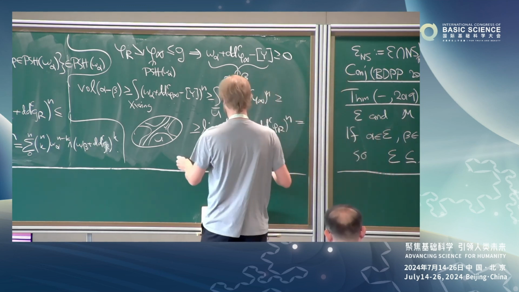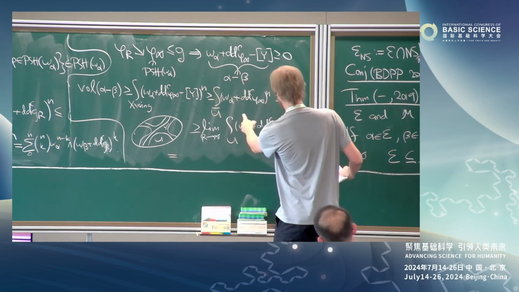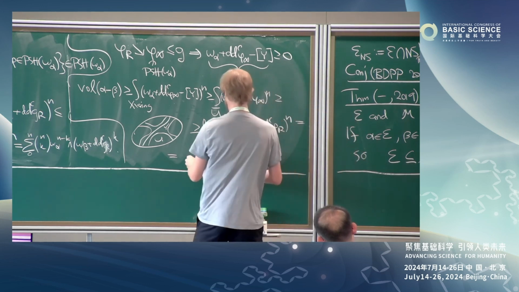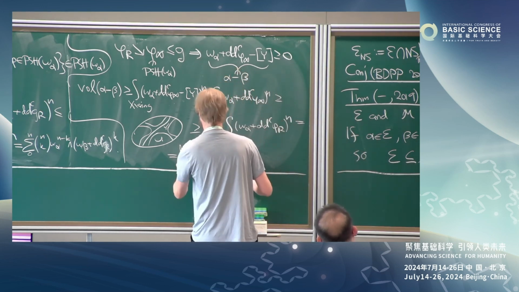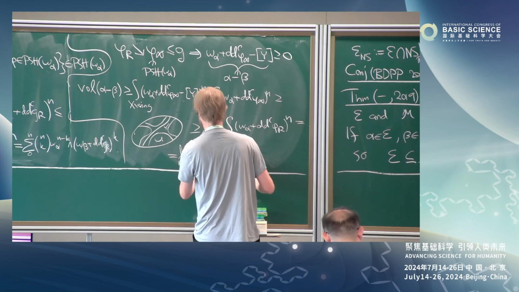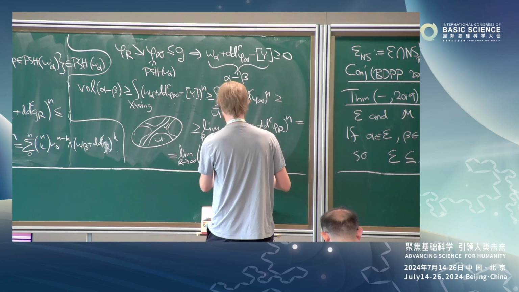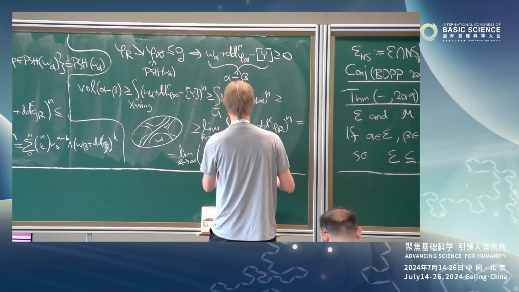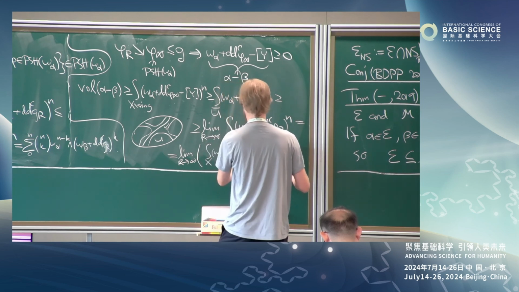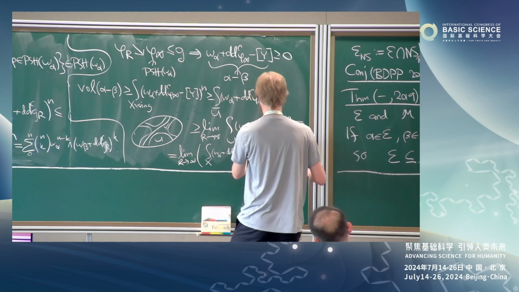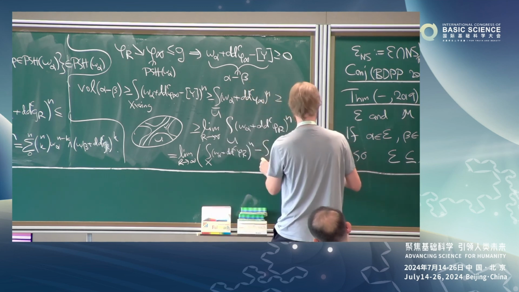Now I use this classic trick, so I can write the integral over U as the difference of the integral over the whole of X minus the integral over the complement.